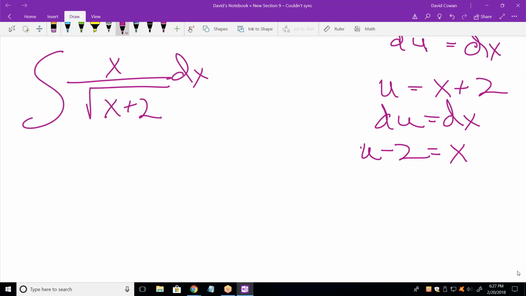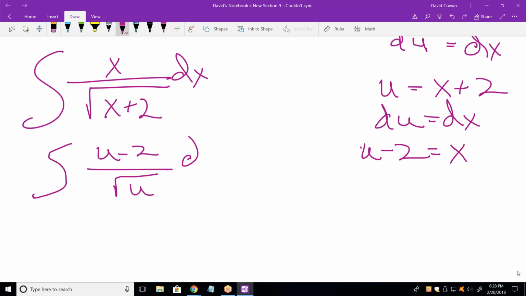Okay. So now, can I turn this thing into an integral in u alone? Well, let's see. The x is equal to u minus 2. When you think substitution, that's what you're trying to do, is substitute everything. This is the square root of u, correct?